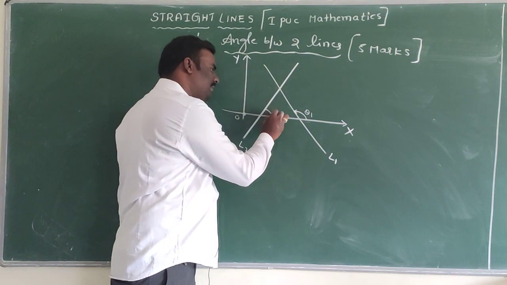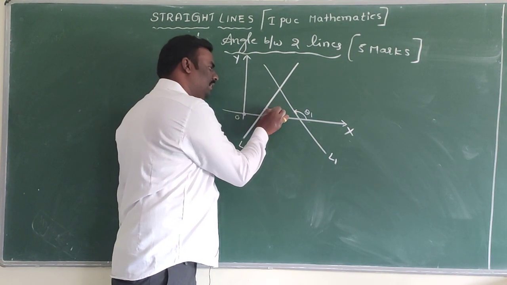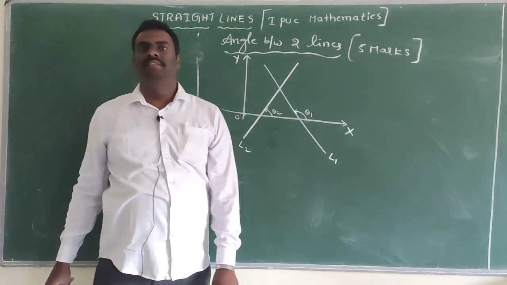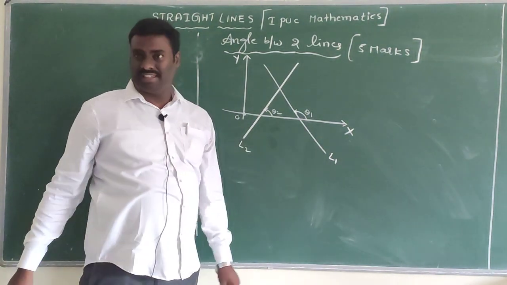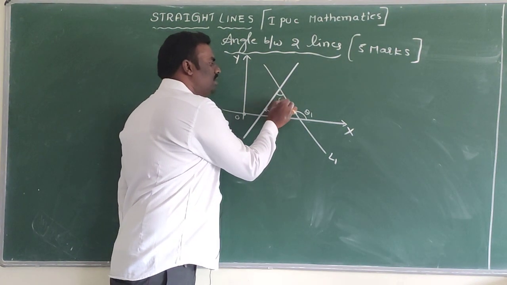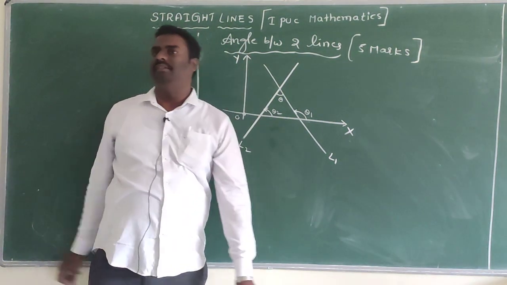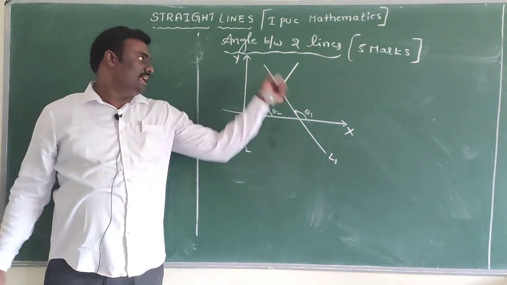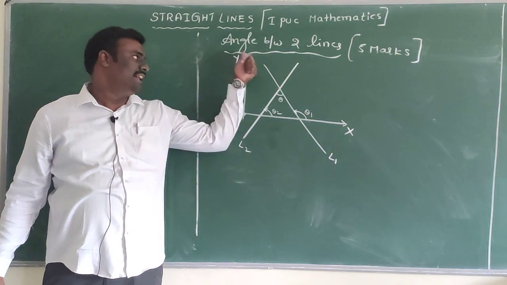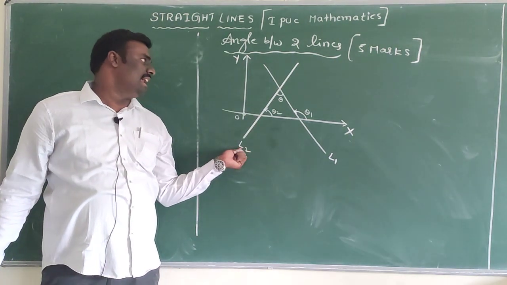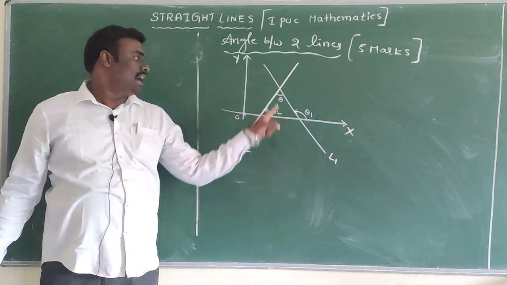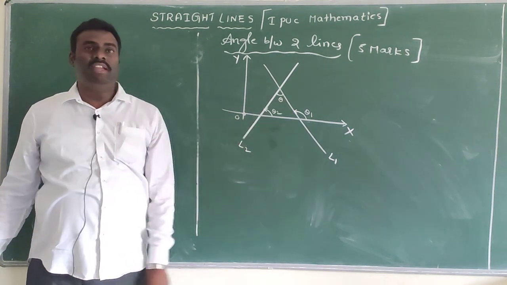L2 makes an angle theta 2 with positive x-axis measured in anti-clockwise direction, and the angle between these two lines is theta. First listen, a straight line L1, it makes angle theta 1 with x-axis. A straight line L2, it makes an angle theta 2 with x-axis, and theta is the angle between two lines.